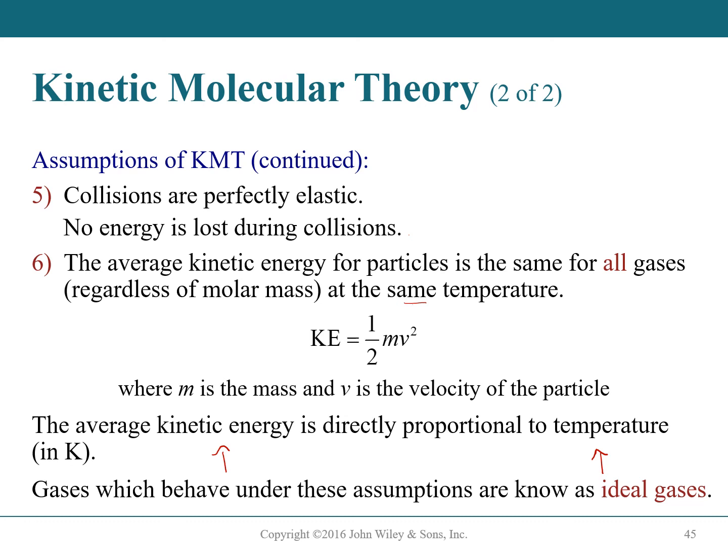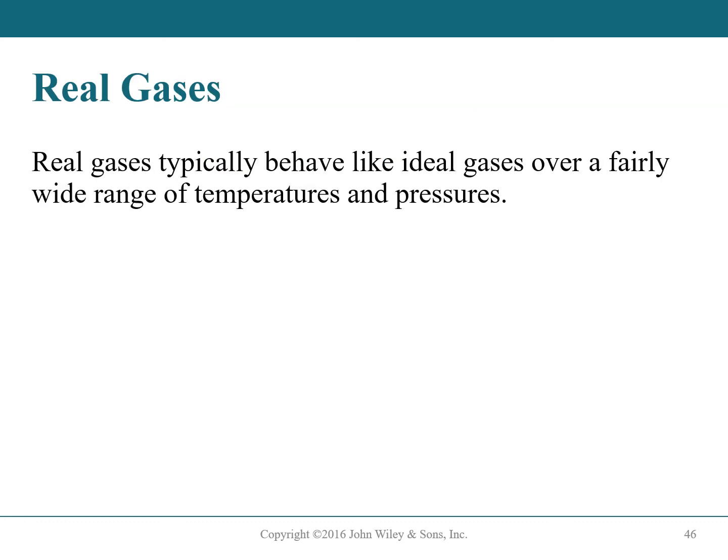Now, as you know, in reality, ideal gases don't exist because they're ideal. So we have real gases. So what's the difference? For most temperatures and pressures that we work with, they behave like ideal gases, and that's why we haven't differentiated really between the types of gases.